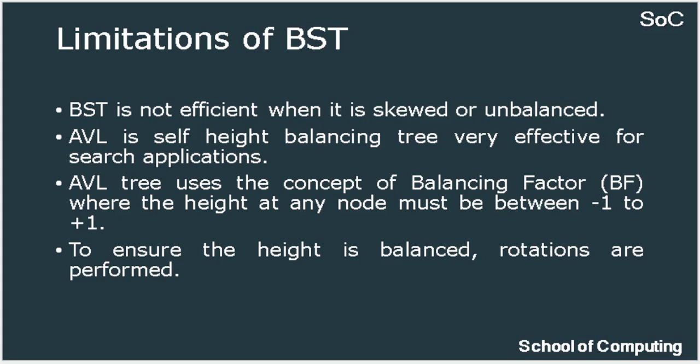We will try to understand in detail what we mean by balancing factor and how AVL tree ensures it. We will also discuss the limitations of BST, and understand how AVL tree is constructed, making sure that it is height balanced.